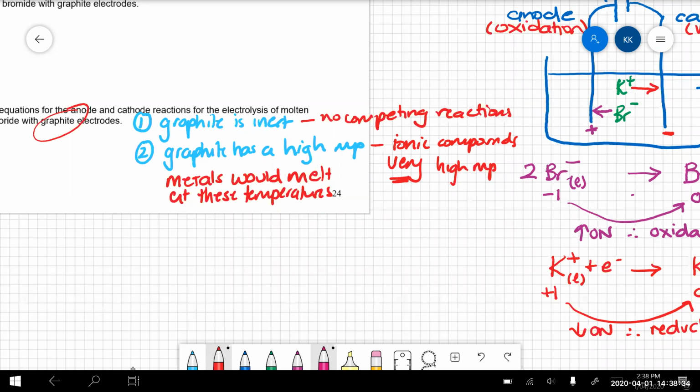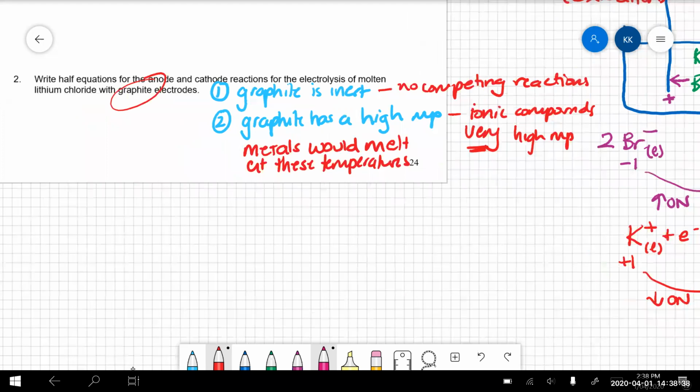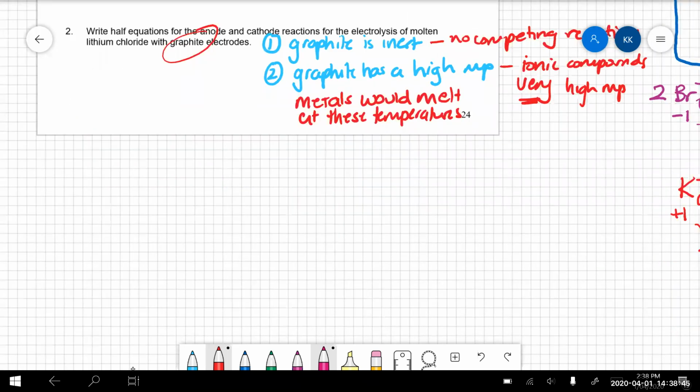Okay, so let's look at this example here. Write half equations for the anode and cathode reactions for the electrolysis of molten lithium chloride with graphite electrodes. Now, rather than draw the whole cell, what I tend to just draw in my cell analysis is just the two electrodes. This is going to be the positive and this is going to be the negative.